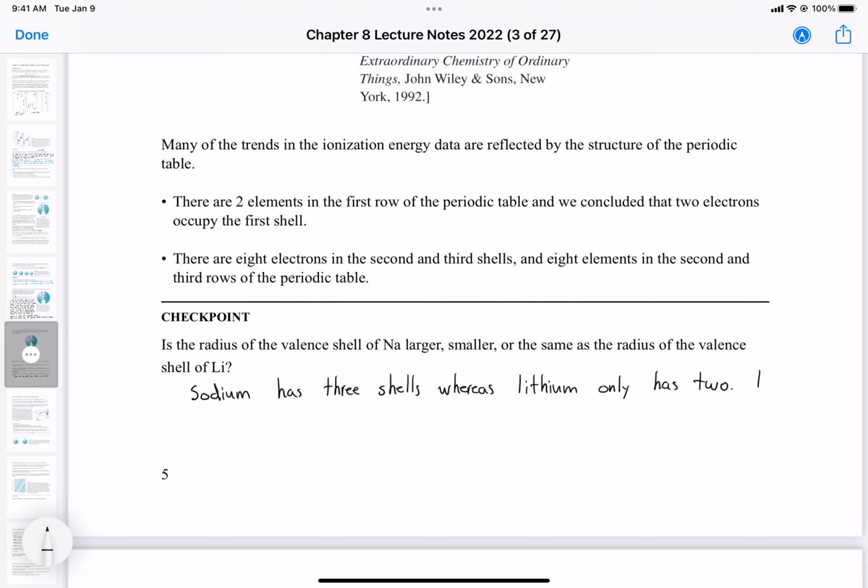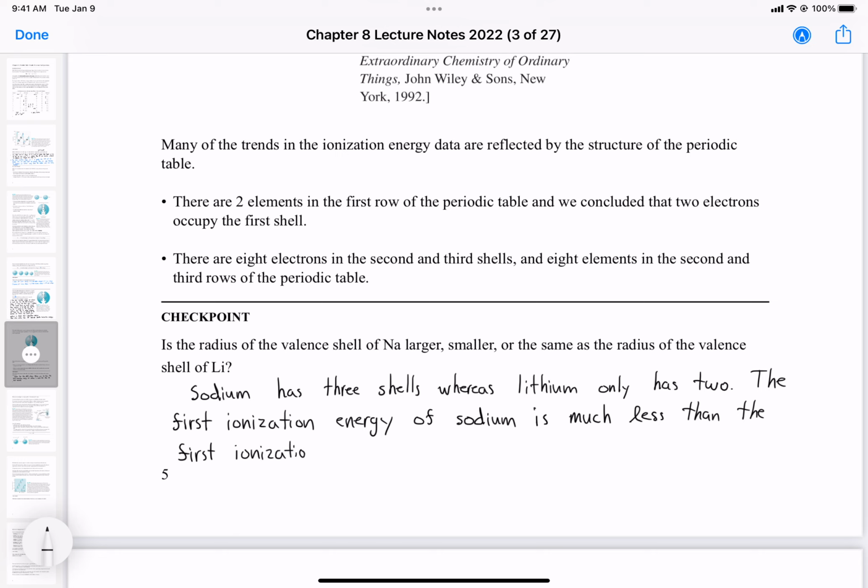So the first ionization energy of sodium is much less than the first ionization energy of lithium.